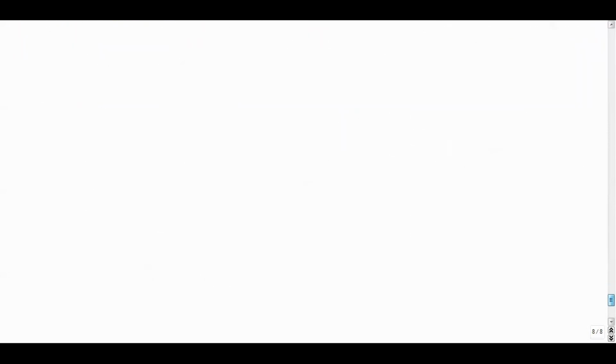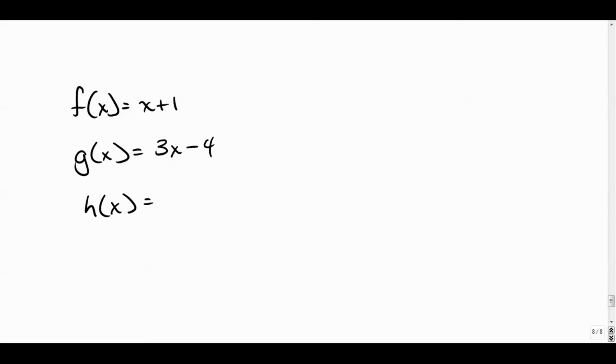Now you can also do a triple composition if you want. If you have f of x equals x plus 1 and g of x equals 3x minus 4, and then maybe h of x equals x squared, you can do f of g of h.